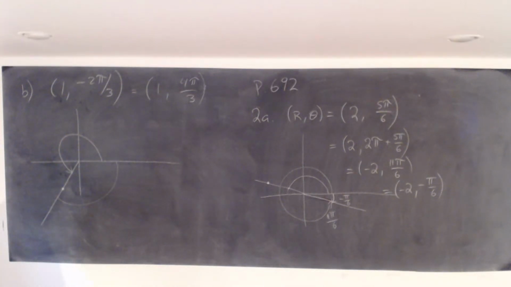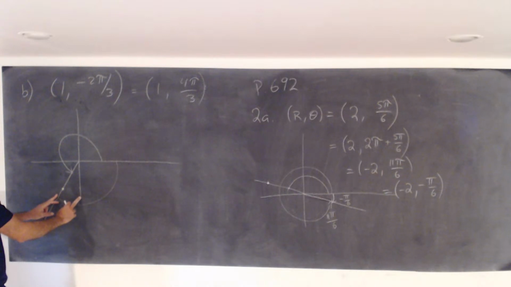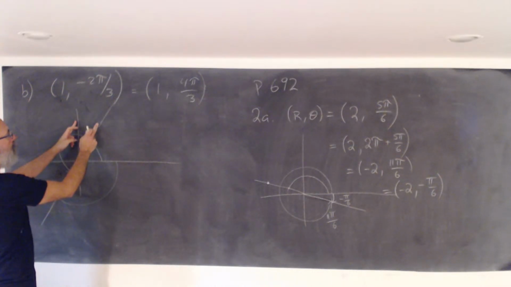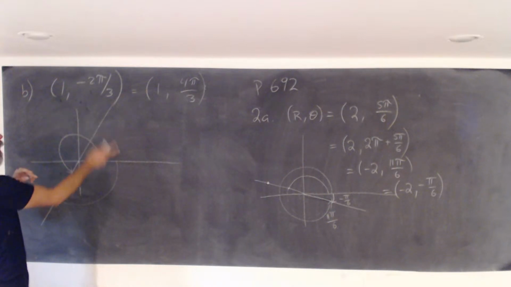This is going to be pi over 3, so this should be pi over 3.